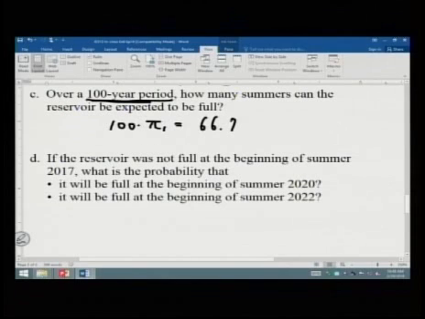Because it's asking over a 100-year period how many summers the reservoir can be expected to be full, you need to multiply by 100 years. Then you will come up with about 66.7 summers that the reservoir is expected to be full.